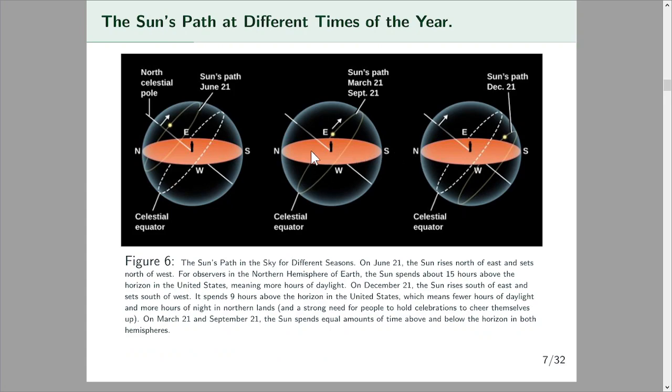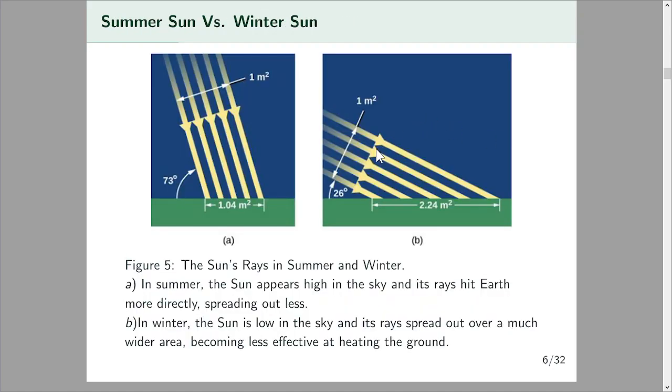On the equinoxes, the sun just sort of splits the sky. It travels right around the center. And then in the winter, somebody looking at the sun sees it rise and set south of the east-west line, and it's low in the sky, like this picture here.